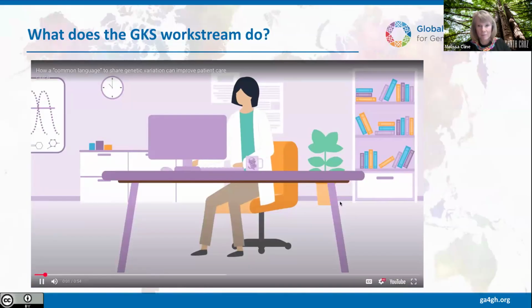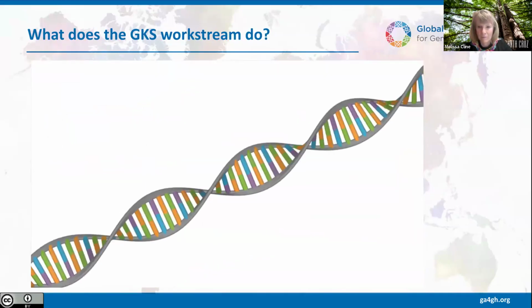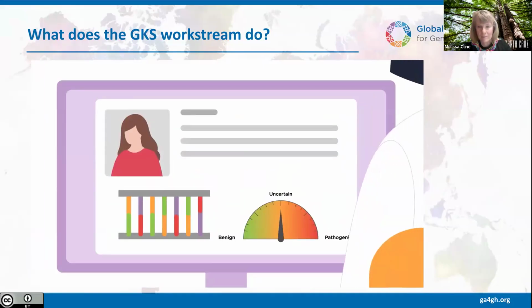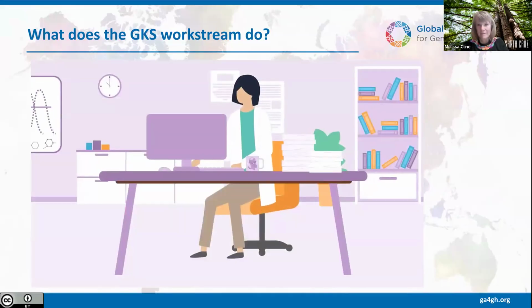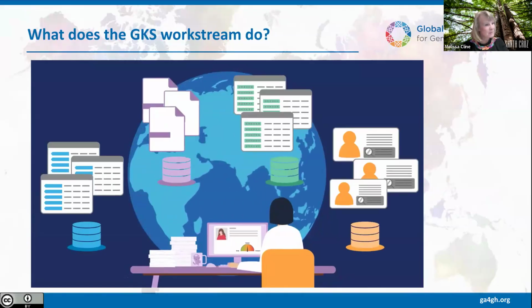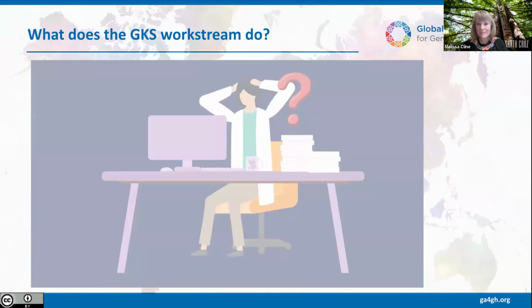Elise is a clinical laboratory director testing a patient for a genetic disease. She finds a change in the patient's DNA and wants to understand how this variant might cause the patient's symptoms. However, Elise struggles to find knowledge about the variant because other healthcare institutions describe genomic variants and related evidence differently.